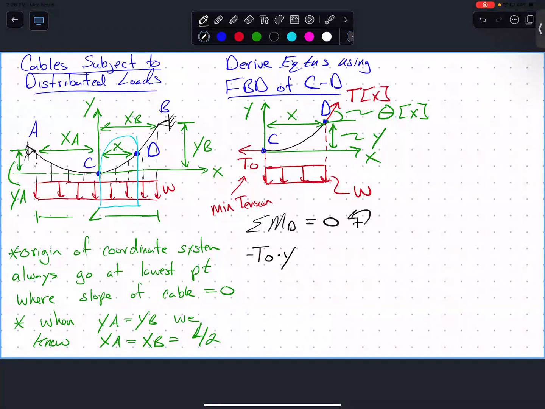We have to incorporate W. We're going to need to resolve it into a concentrated force. So we're going to have some concentrated force there. What's that going to be equal to? W times X. So W times X right there.